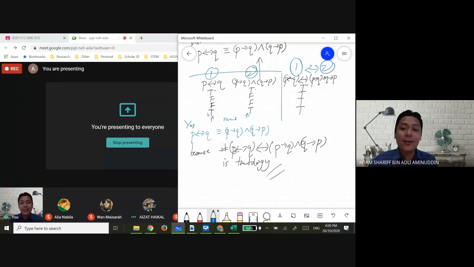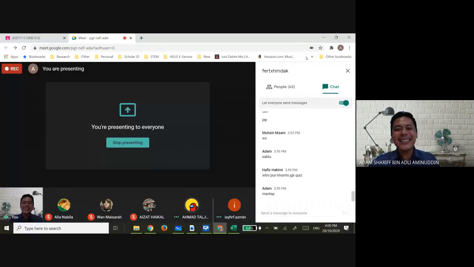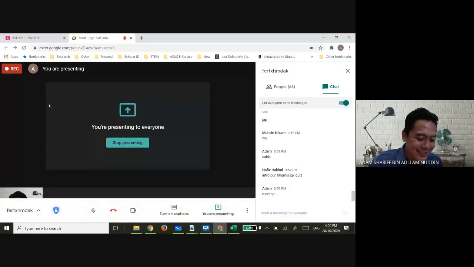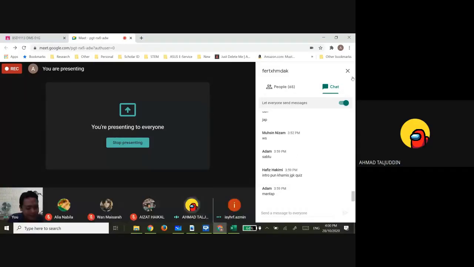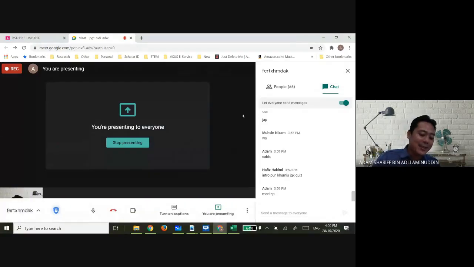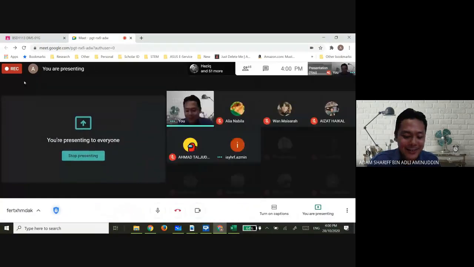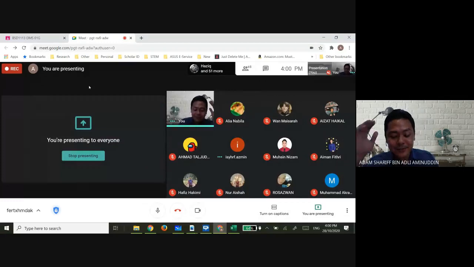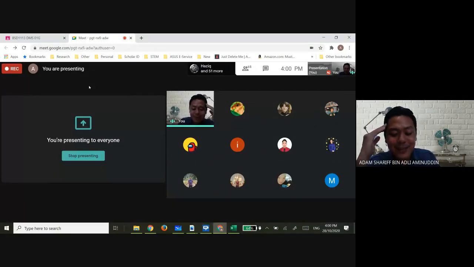So, Tajul esok jangan masuk kelas Tajul. Tajul ada ke dok ni? Ya. Ada. Allah, lama tak dengar suara Tajul. Tajul ni dia pemalu. Handsome orangnya. So, berani tak buka kamera Tajul?